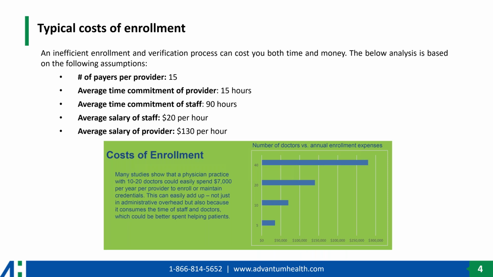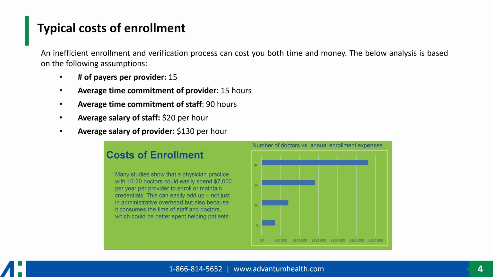Typical cost of enrollment: an inefficient enrollment and verification process can cost you both time and money. The below analysis is based on the following assumptions. The average number of payers per provider is about 15, is what we've seen.